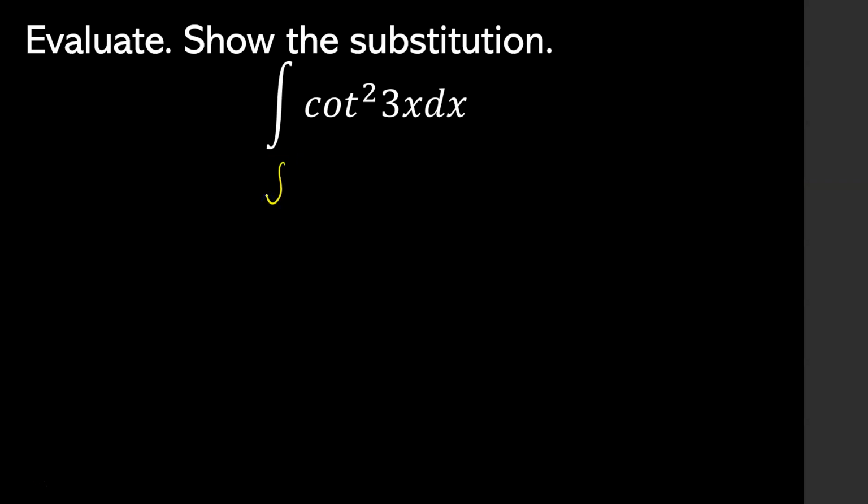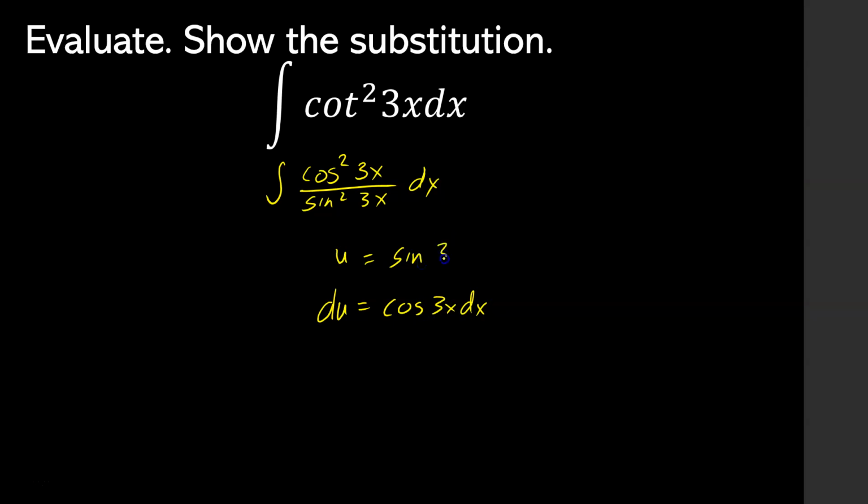Well, let me show you what not to do. You might think because we had this earlier, we should write cosine squared of 3x over sine squared of 3x dx. Can you figure out why this won't work? Well, you might be thinking du could be cosine of 3x dx, which would make u sine of 3x. I guess we'd end up with an extra 3 here for that chain rule.